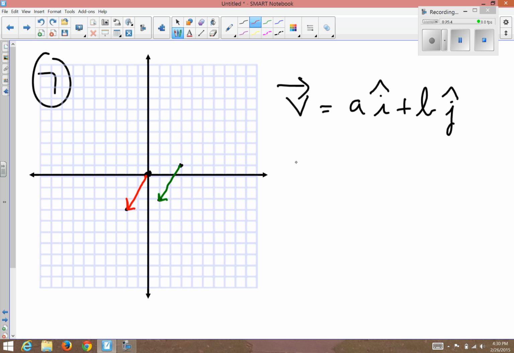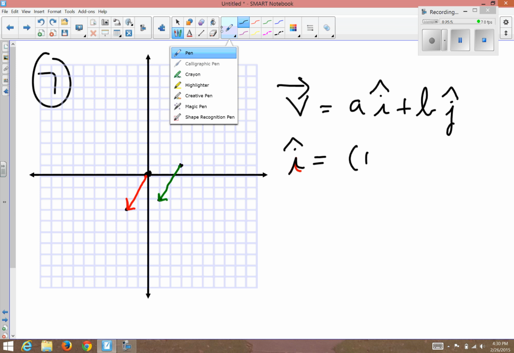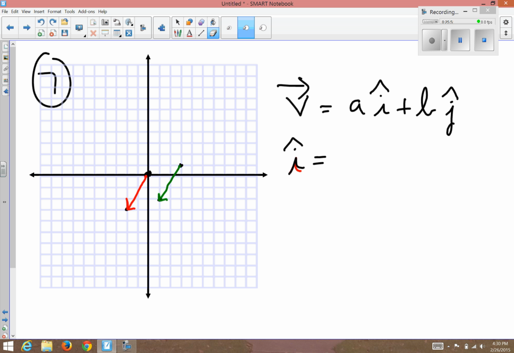So the I with the hat on it is specifically the vector 1, 0. Like this.